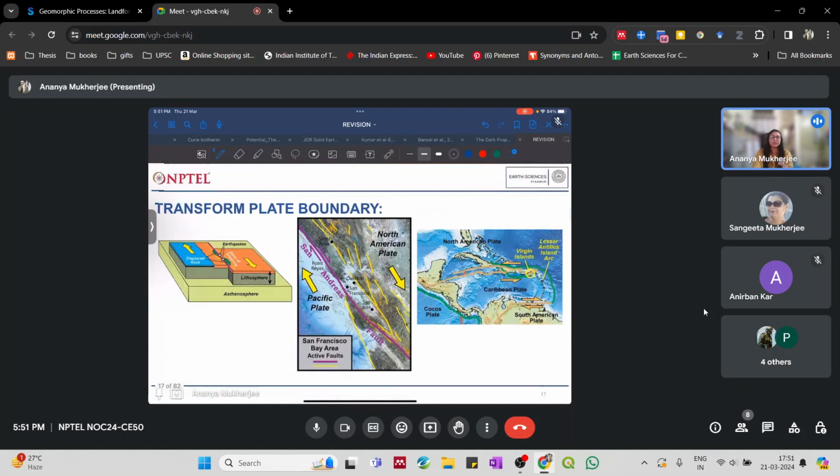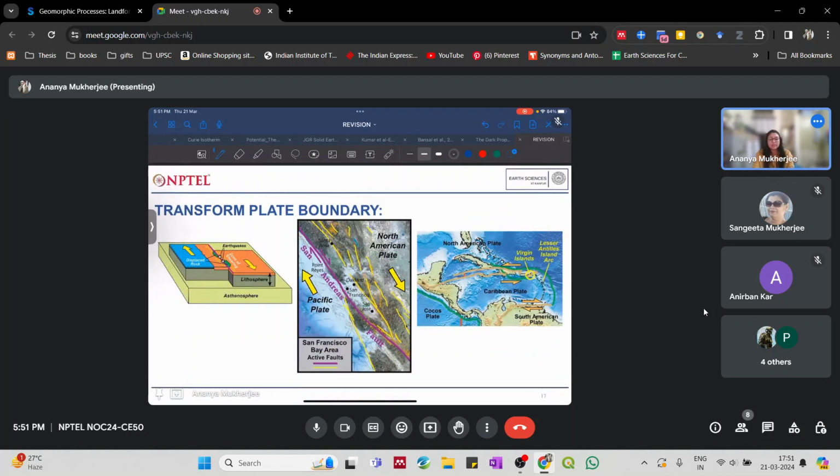And then obviously we have the transform plate boundary. The San Andreas fault is a very good example of the transform boundary. You can see over here the Pacific plate is mostly moving in the northern side, and the North American plate is moving towards the south.